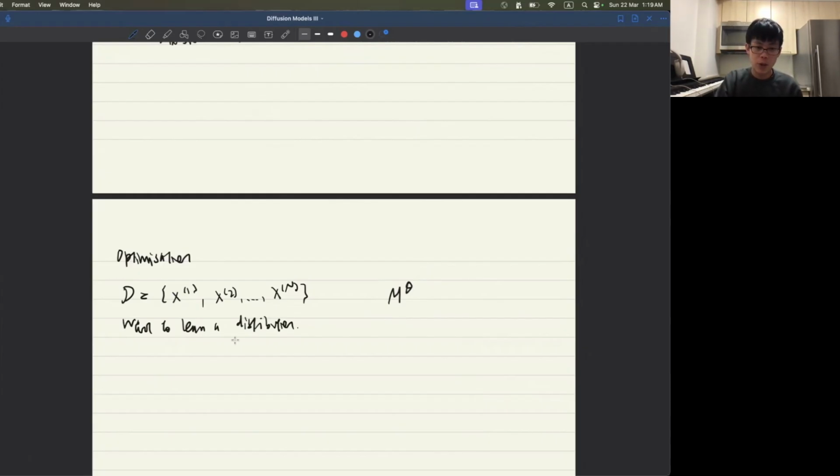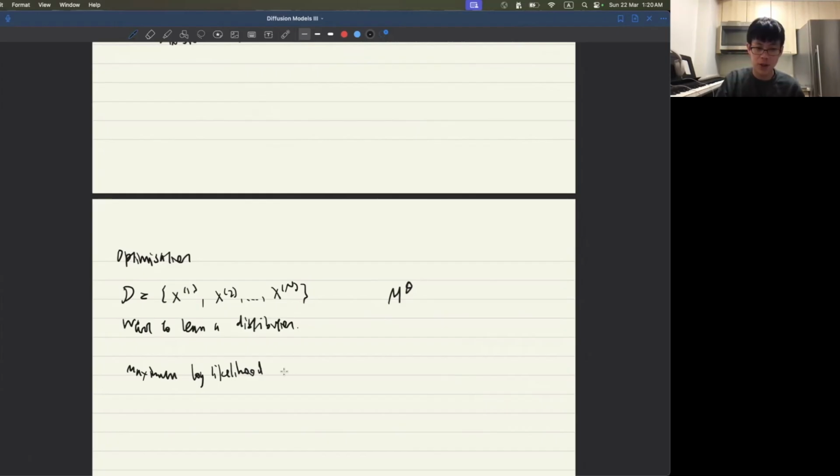Well, if we want to learn a distribution over this data set, the classical objective to use is the maximum log likelihood objective. Basically, if we have a model and a data set, we want to maximize the probability of us even seeing the data in the data set. That seems like a very good metric to optimize the model with. If the model doesn't even assign high probability to what we have in the data set, then who knows what it can generalize.